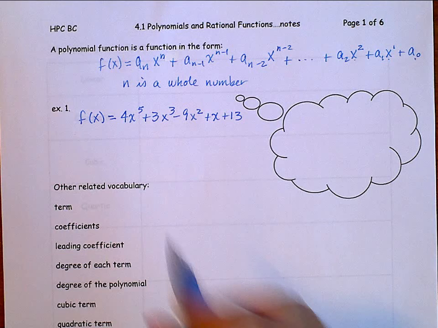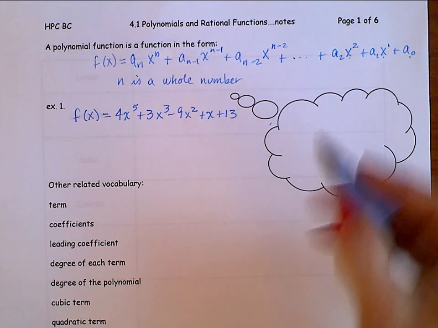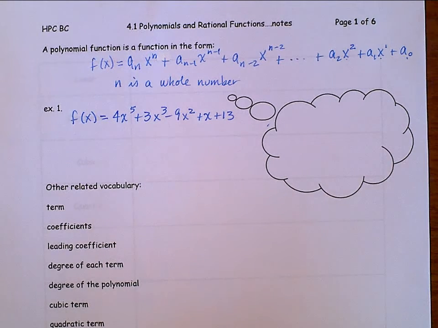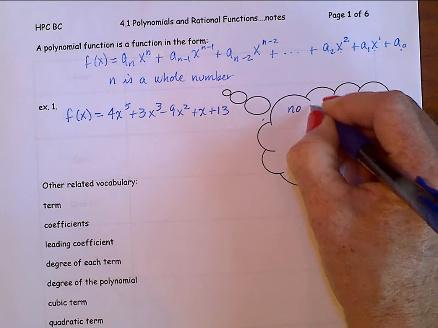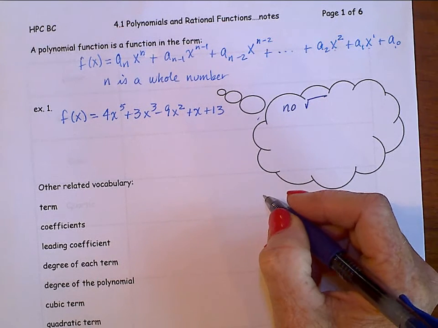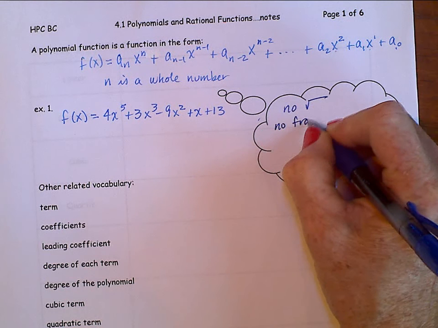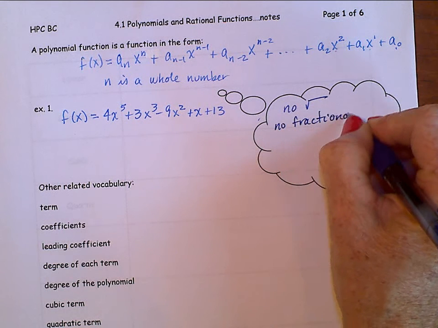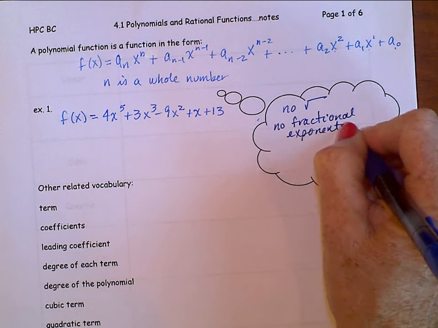That's a polynomial function. Things that can't be in polynomial functions, sometimes it's helpful to think of what can't be there. There are no radicals. So no square roots, no cube roots, no radicals at all. No fractional exponents on the variables.